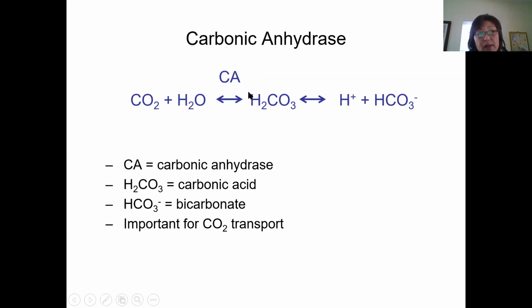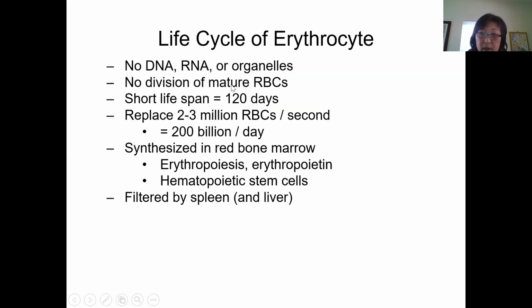This enzyme is called carbonic anhydrase. You can find this enzyme in the RBC. The lifespan of the RBCs is about 120 days, so your bone marrow will continue to make RBCs, all right?